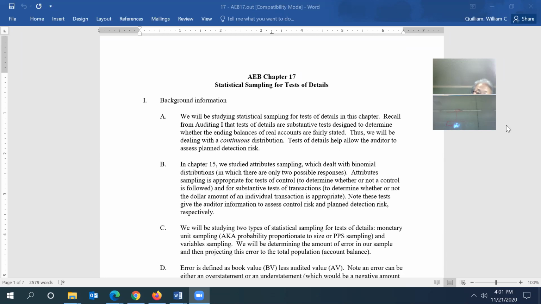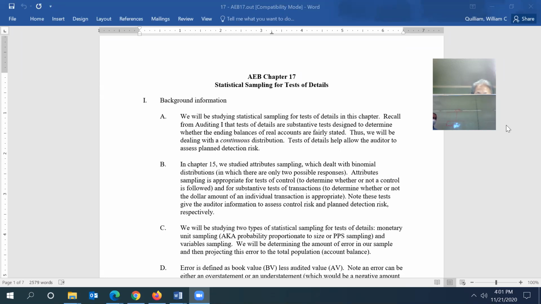So the ending accounts receivable balance, what is it? Well, we're trying to determine that. It would be very nice if we could confirm each and every individual customer account receivable, but that sure is a lot. Instead, we're going to confirm a sample of it. So we'll pick that sample out and we'll draw conclusions from it in this chapter. And of course, we will do so statistically.